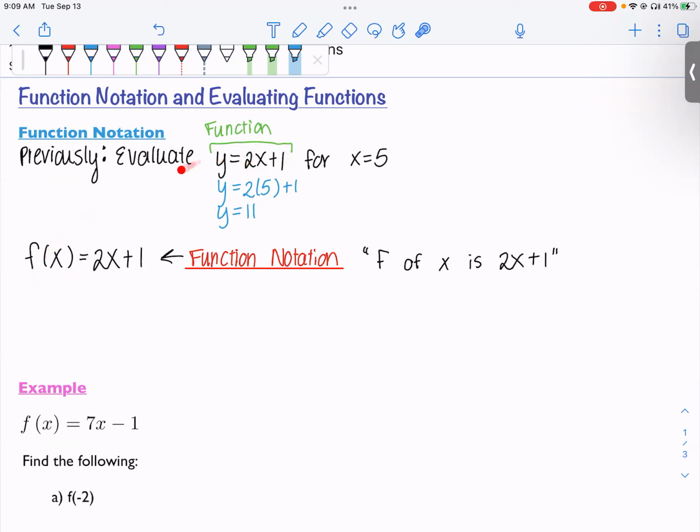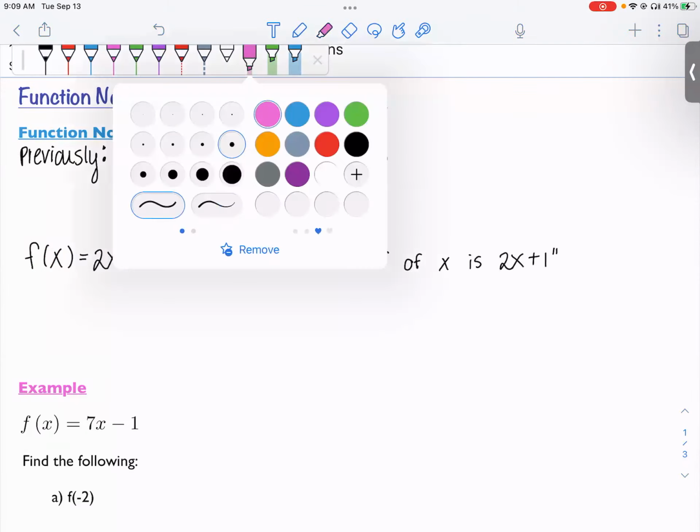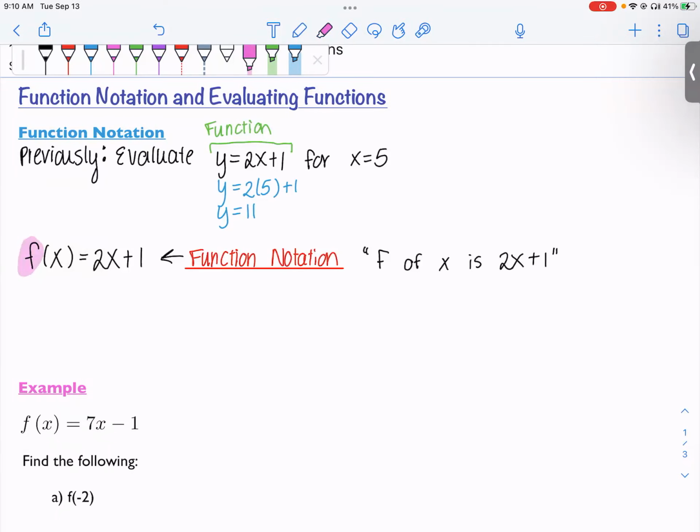The y and the f of x represent the same thing, but they look a little different. The f out front is the name of the function. So this function's name is f. Oftentimes we'll use f, g, h. k is sometimes a function name, but the most popular names are f, g, and h.